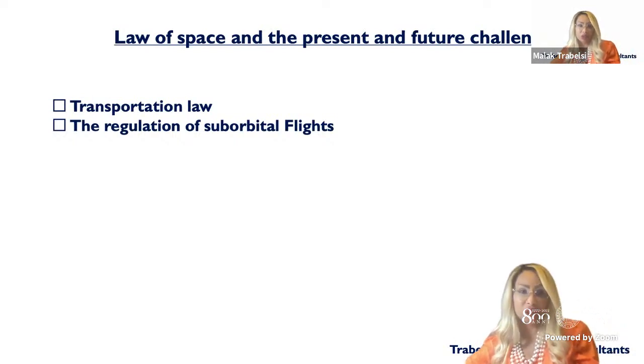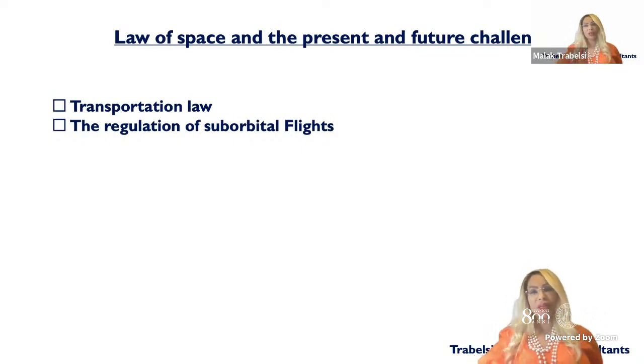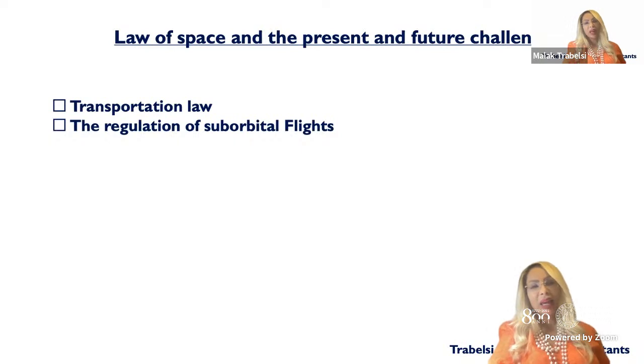We have transportation law and the regulation of suborbital flights. This is quite interesting because when we talk about suborbital flights and the issues related to space activities in terms of international space law, it is quite interesting.